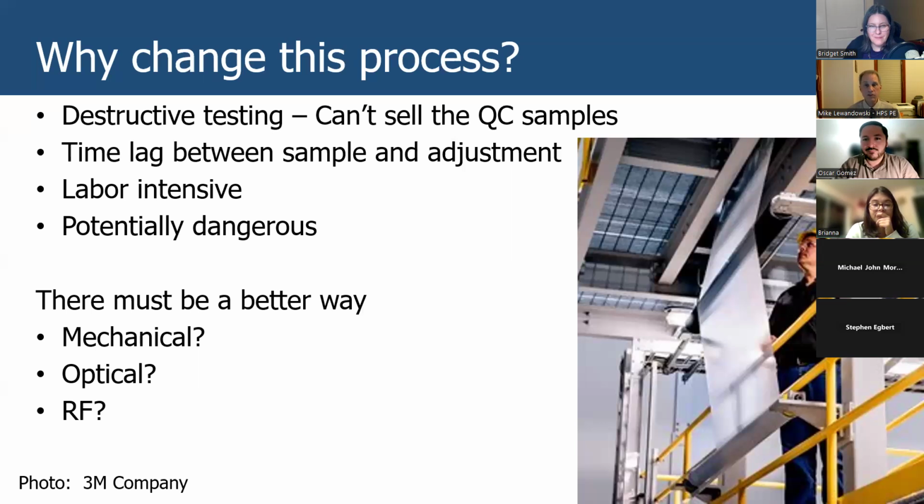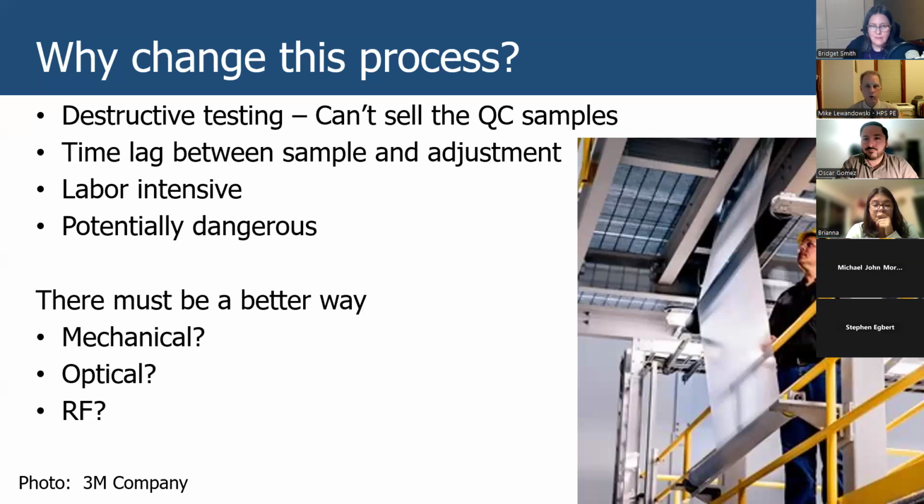Maybe there's radio frequency methods. So maybe you could shoot microwaves at this and measure the difference between reflections from the top surface and the bottom surface of a coated material. In fact, there are ways that are being done now using very high frequency terahertz radio frequency waves that do time of flight measurements and take reflections from every change in the density of materials.